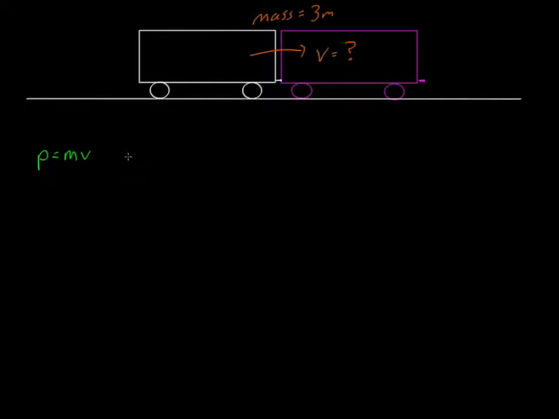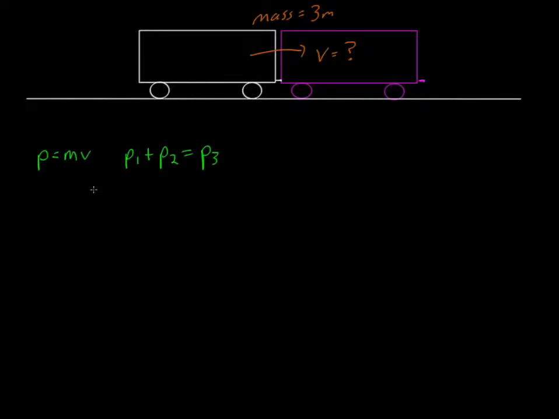Now, the principle of the conservation of momentum states that the overall momentum inside of the system must remain constant. So therefore, P1 plus P2 has to equal P3. In this case, our P1 is our first car, P2 is our second car, and P3 is our composite unit.